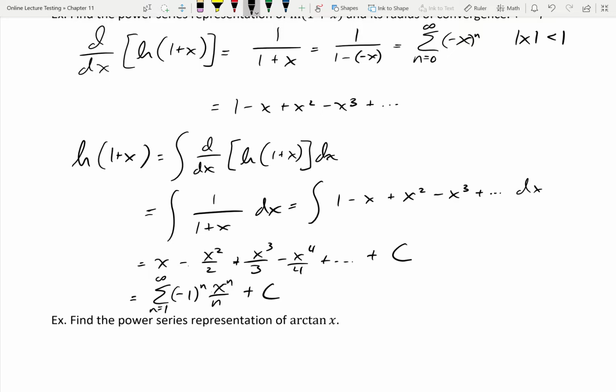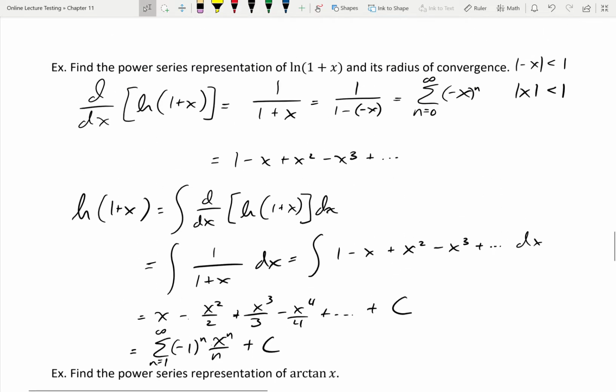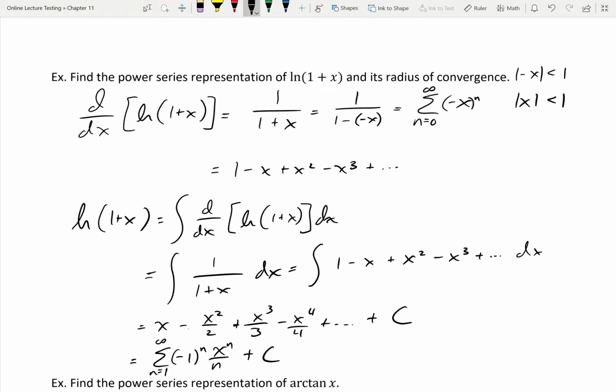And again, if we took the derivative of this, integrated, we do have to be careful, we do have to shift some things around. Negative 1 to the n, x to the n.